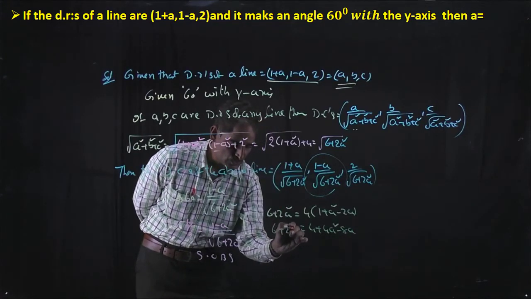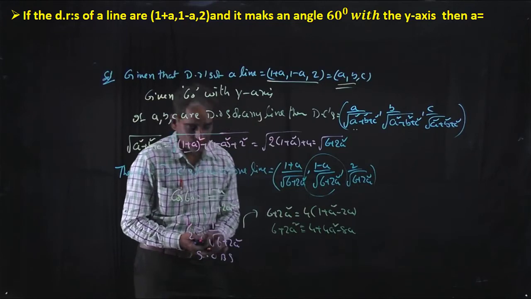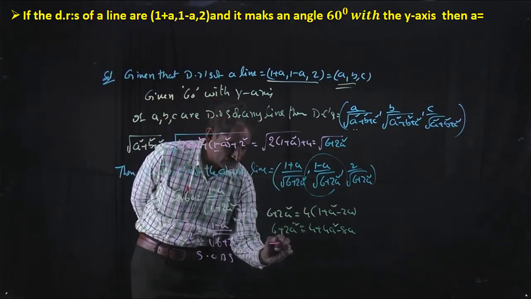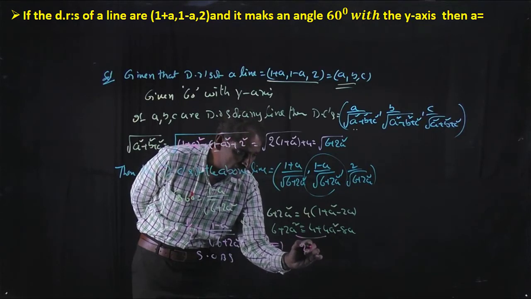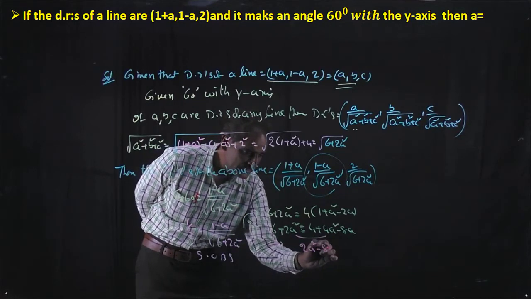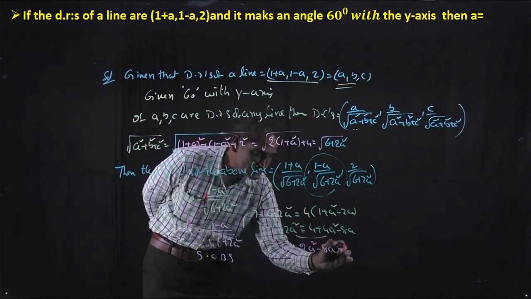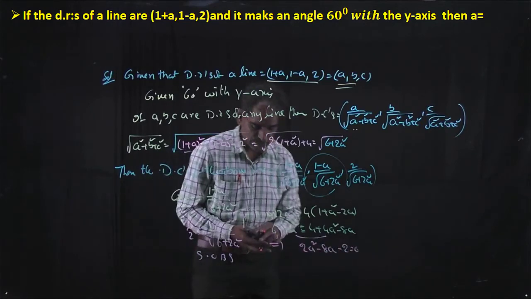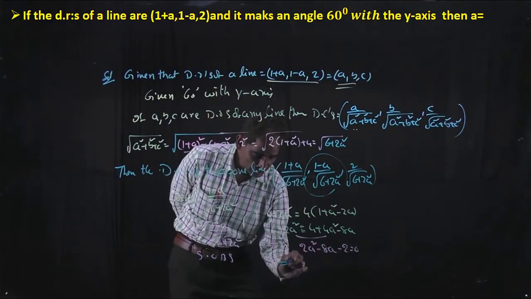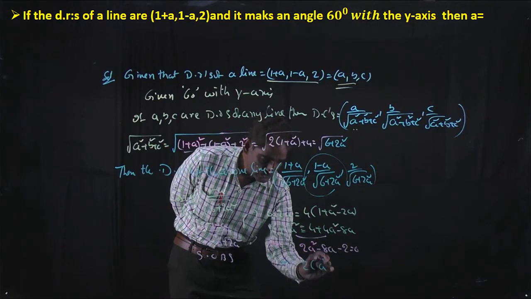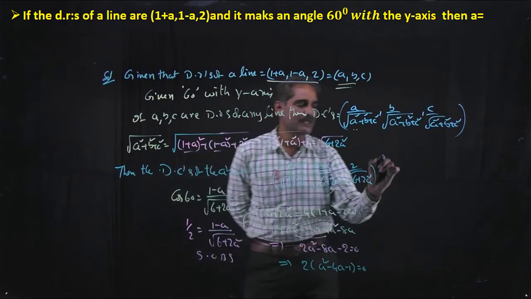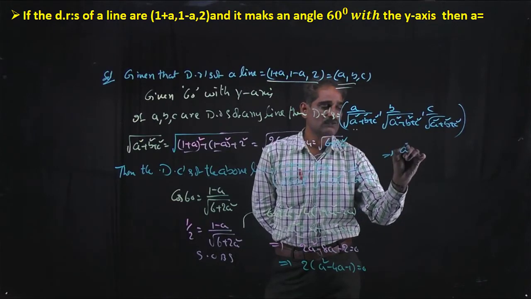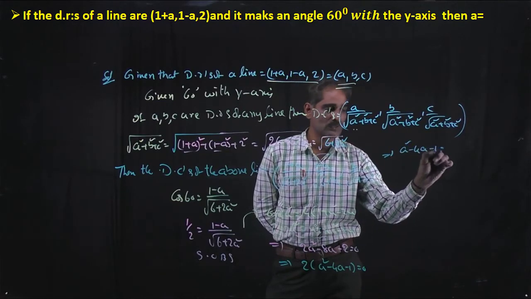Therefore from this we can write 4a square minus 2a square minus 8a plus 4 minus 6 equals 0, that is 2a square minus 8a minus 2 equals 0. There is 2 common. From this we can write 2 into (a square minus 4a minus 1) equals 0. Therefore a square minus 4a minus 1 equals 0.